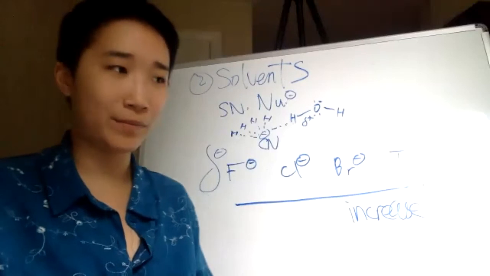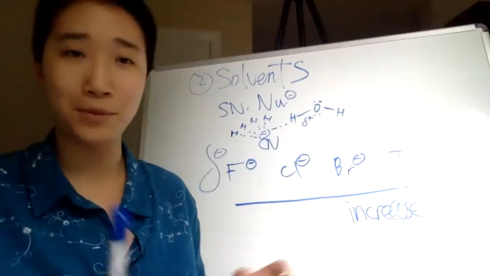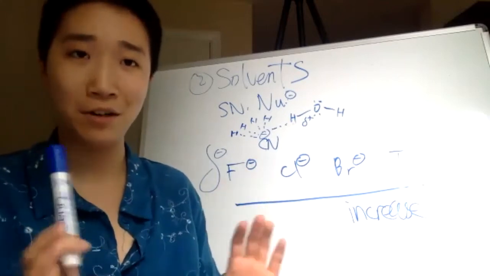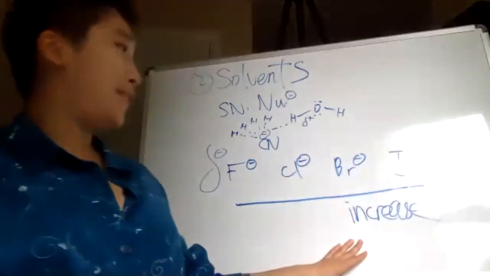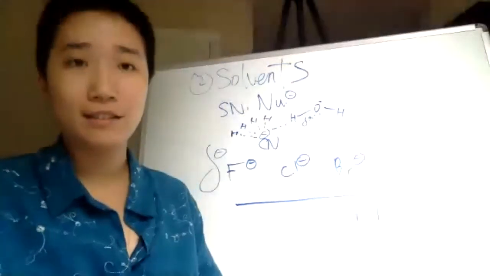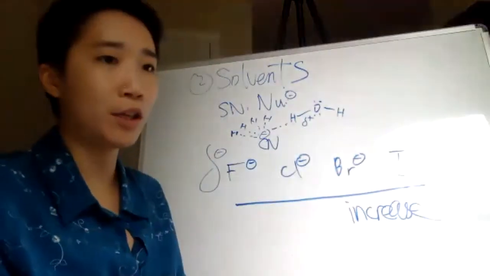So pay attention to polar protic solvent, because that's not necessarily true when we switch to a different type of solvent. So it only applies in this situation. The nucleophilicity would increase as your electronegativity drops in polar protic solvent.